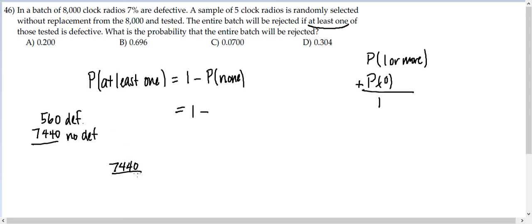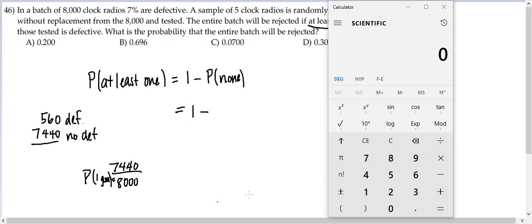7,440 divided by 8,000 is the probability of getting one good, right, one good one is 7,440 divided by 8,000. Alright, so if I take 7,440 divided by 8,000, I get 0.93, and we kind of knew that already.